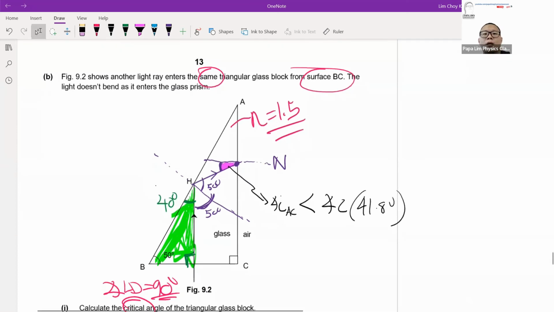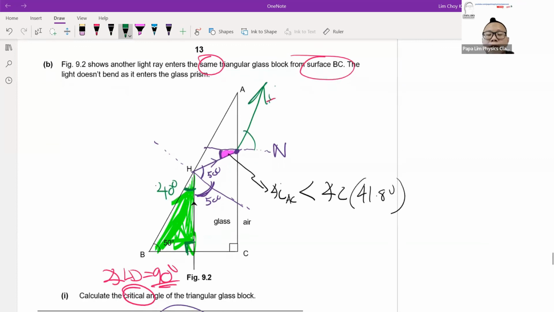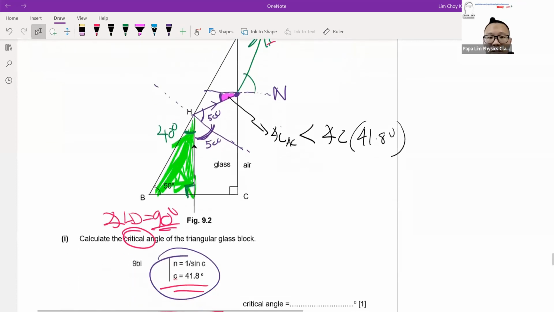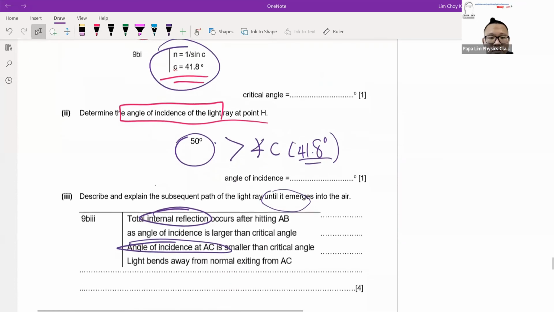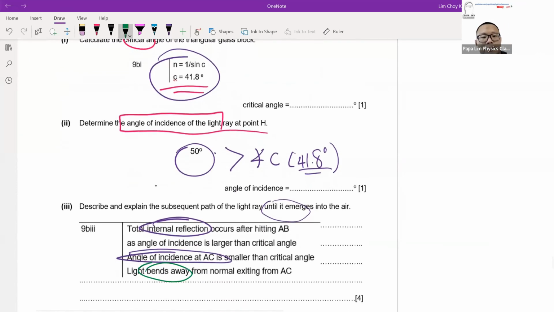What happened as a result? Because it's less than the critical angle, it will definitely emerge from the glass, refracted away from the normal and out of the glass block. So it bends away, exiting the surface.